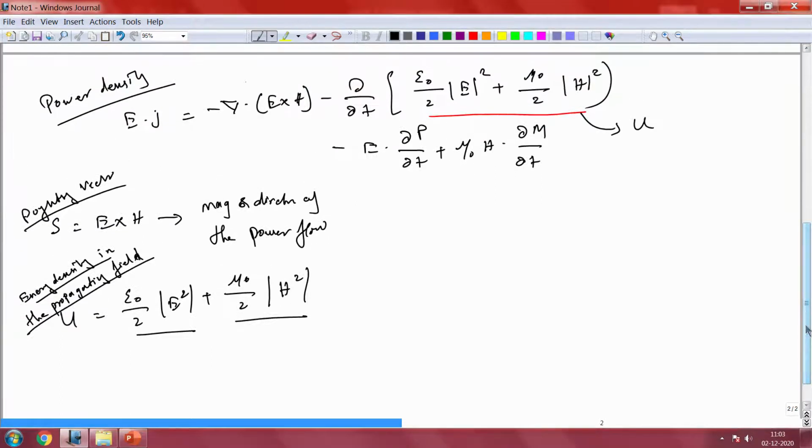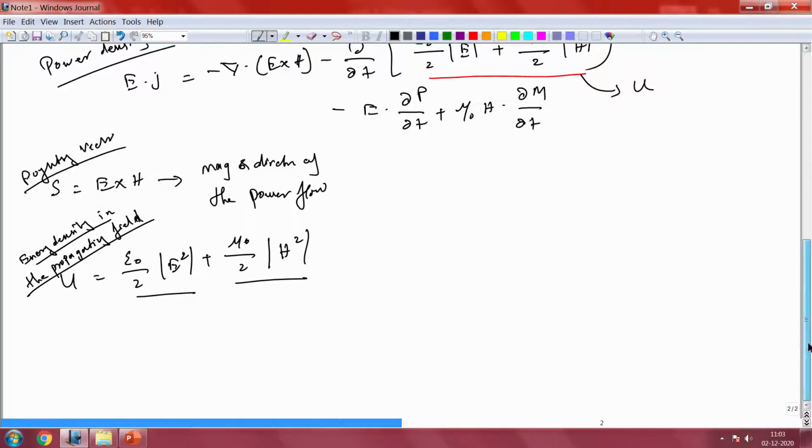So the first factor is done and the second factor is done. Now we know what these factors represent. Let's look at the third factor. So what is the third factor? We call this UE, which is E dP over dt. So what is this? This is the power density expended by the electromagnetic wave on the polarization.